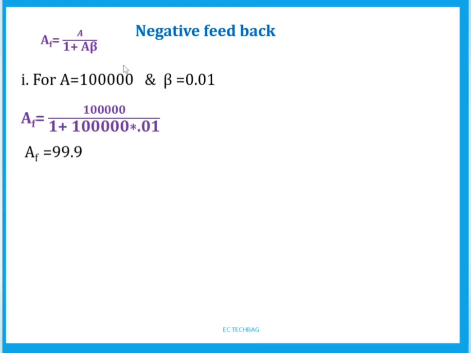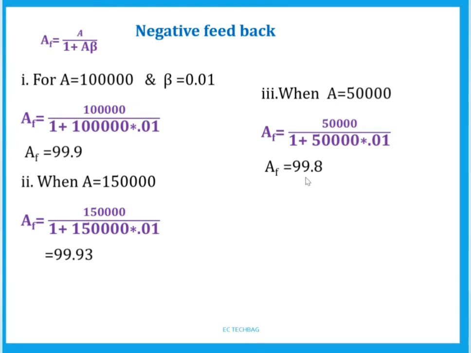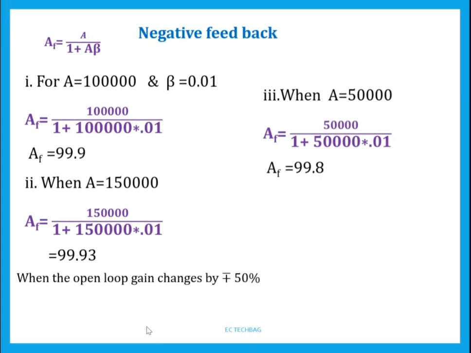If this open loop gain is increased to 1,50,000 with the same beta value, the feedback gain is 99.93. If this gain is decreased to 50,000 and with the same beta, your closed loop gain is 99.8.